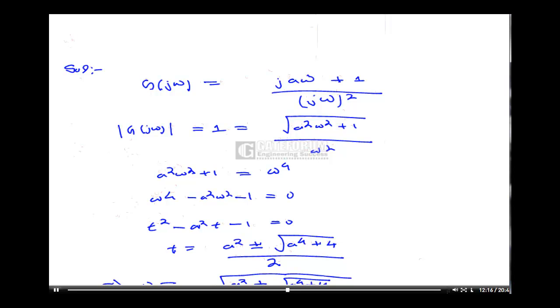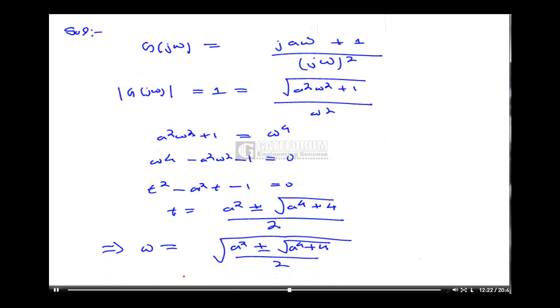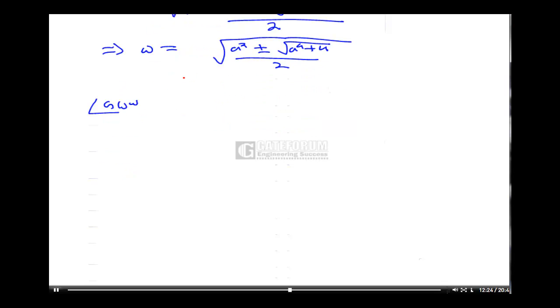When I substitute this omega in G of j omega, I can write minus tan inverse of omega minus 180 degrees.